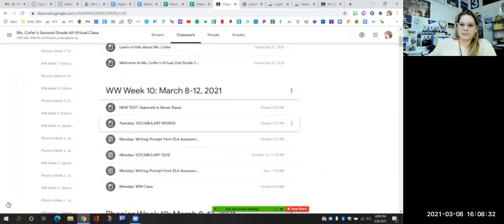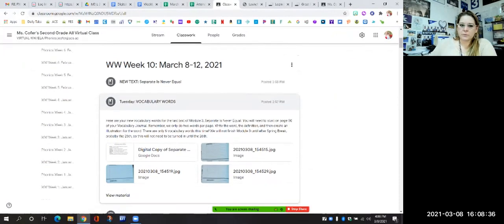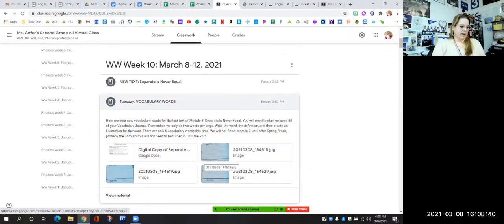You have a copy of that posted already. And here are your new vocabulary words with pictures of what they should look like in your vocabulary journal. We're going to be on pages 50, 51, and 52. You only have 6 vocabulary words this time, so you're going to be working on those in your vocabulary journal.